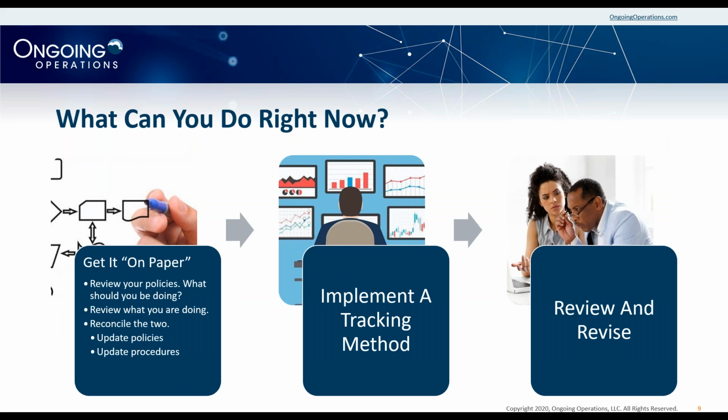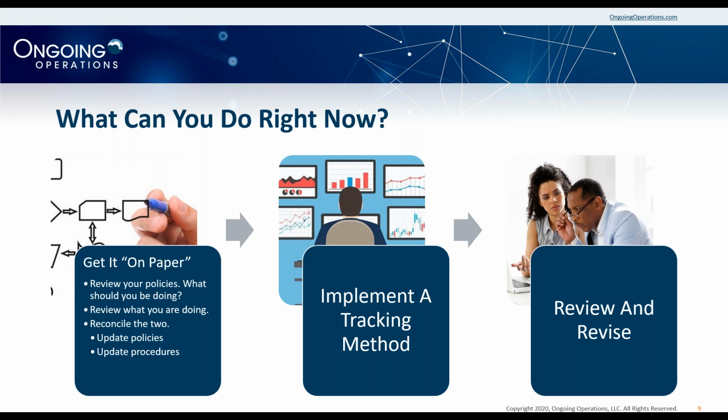And so next, we'd like to go into what you can do right now to take action at your credit union, right? And the first thing is get it on paper. If you don't have a plan and you haven't really thought about how you're going to organize your governance activities, the best way to do that is go through your policies and look at those action items, the things that you say you're going to do. What should you be doing? What are you actually doing right now?